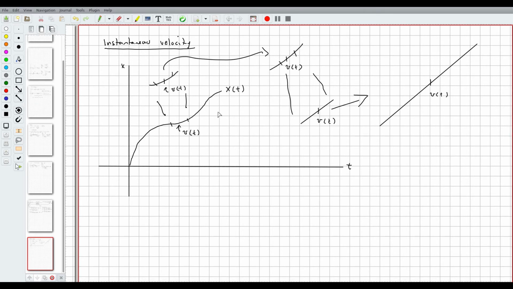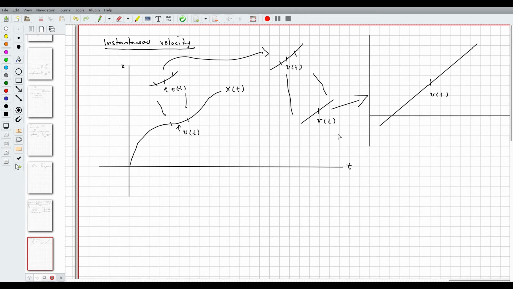But to be clear, from an axis standpoint, I've got position going up and down, and I've got time going side to side. Okay, so what I'd like to do is to play a game. This right here, I'm going to call x as a function of t.